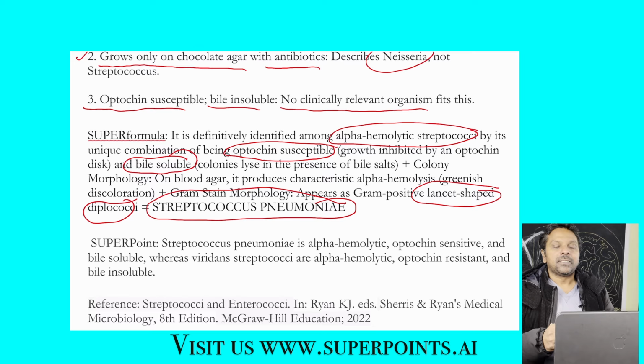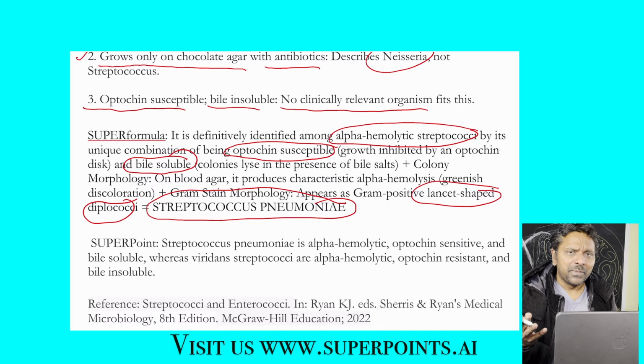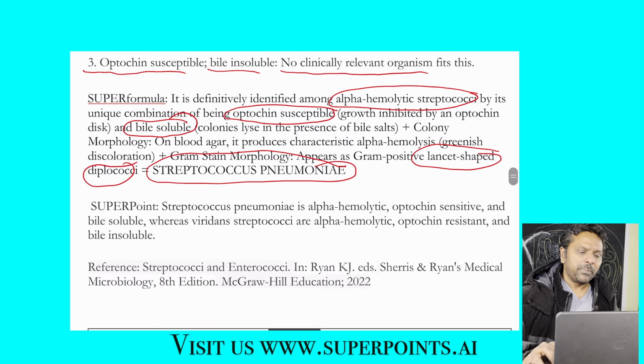Very important question because it's everywhere. It's killing millions and millions of people around the world. We have antibiotics, we have vaccines, but it does not matter. That's why the examiner wants you to know everything about Streptococcus pneumoniae and you should go well prepared.